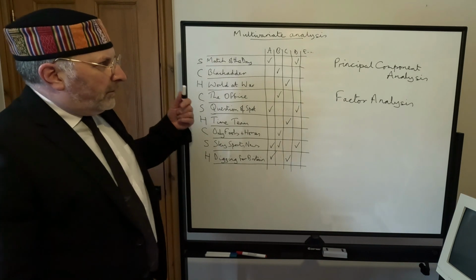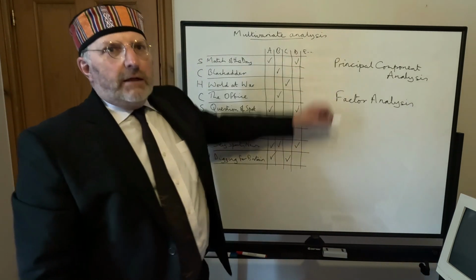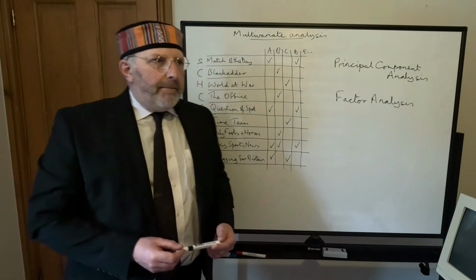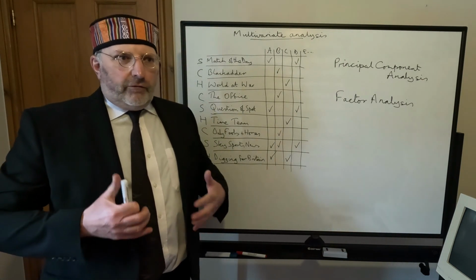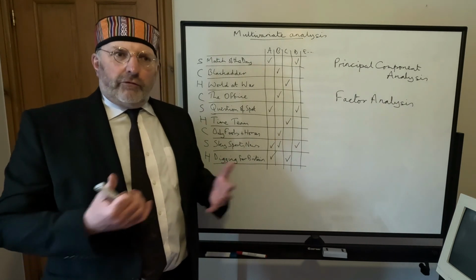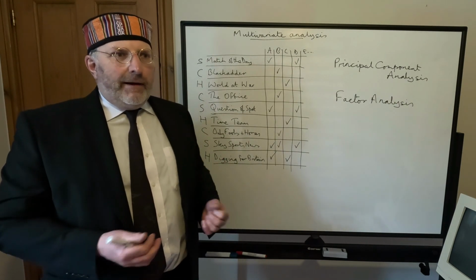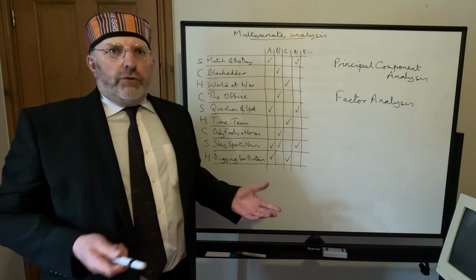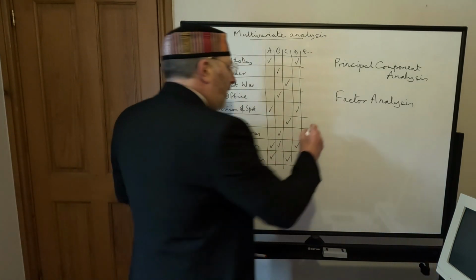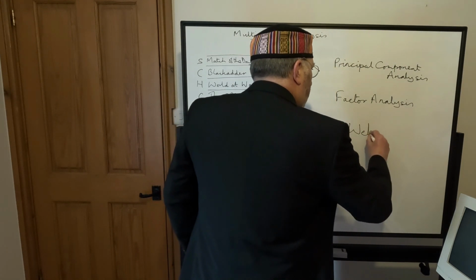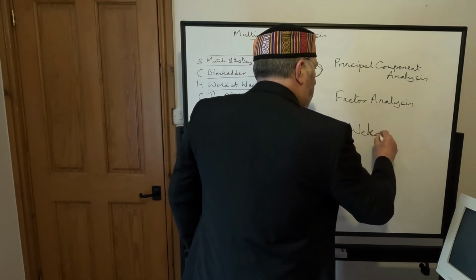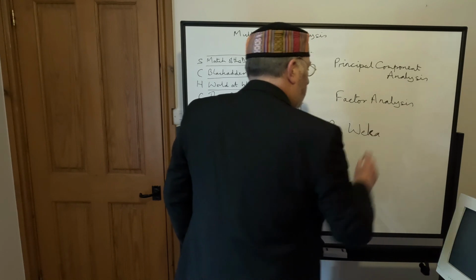Now, I'm going to describe the ideas underlying these, but in reality, you're not going to do these calculations from scratch, because they're very complicated, and you would use some package like R that I mentioned earlier, or Weka, the machine learning environment.